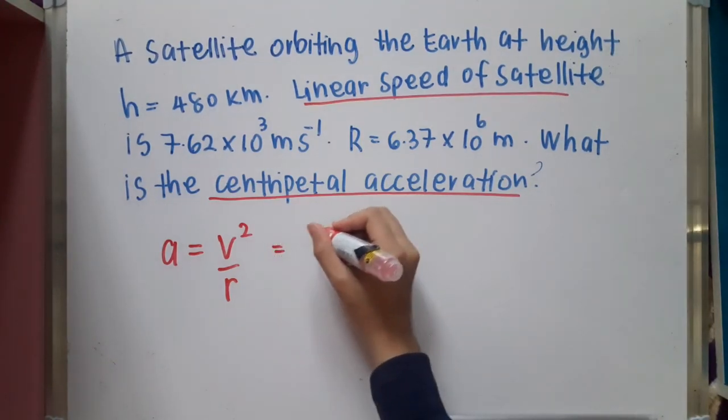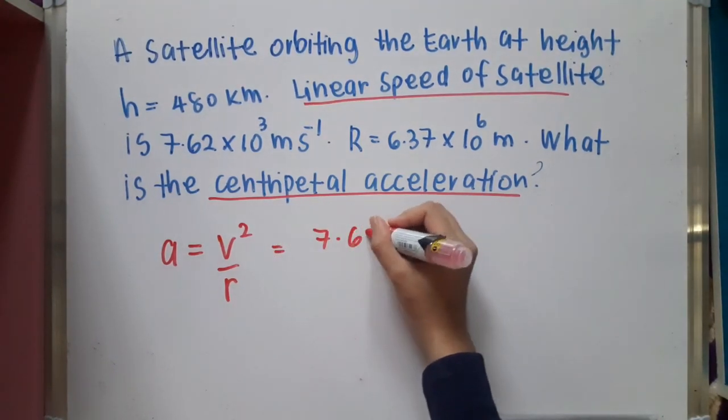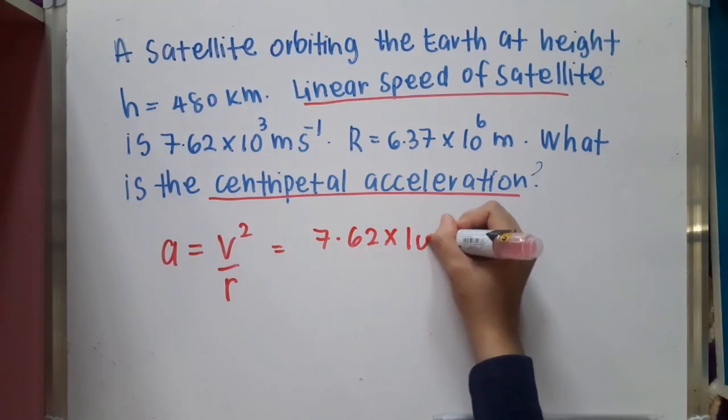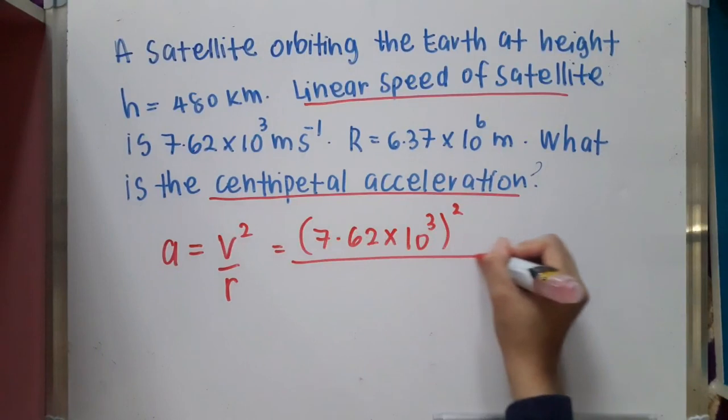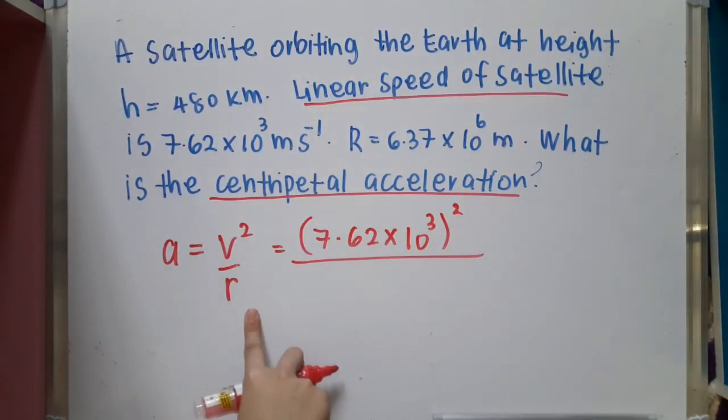So (7.62 times 10 to the power of 3) square divided by R. So what is R? R is the total distance between the Earth and satellite. So R is R plus H, right?